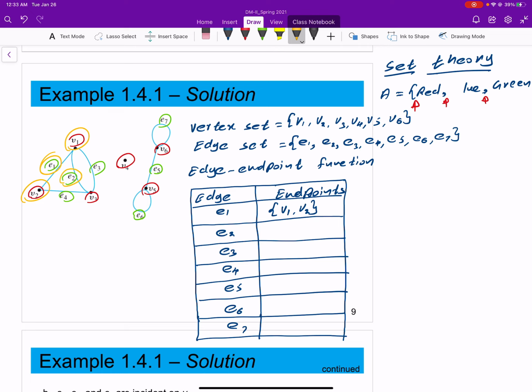If you take E2, the endpoints are V1 and V3, V1 comma V3. And if you take E3, those are V1 and V3 again. Okay, and if you take E4, V2 V3.